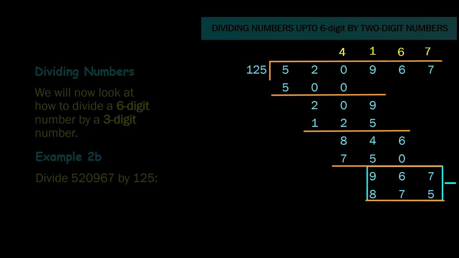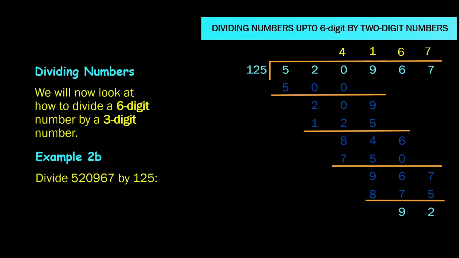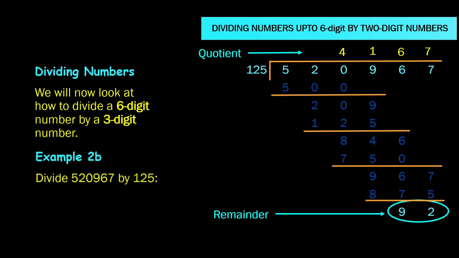And subtract to give 92. So dividing 520,967 by 125 gives 4,167, which is the quotient in our example, remainder 92.